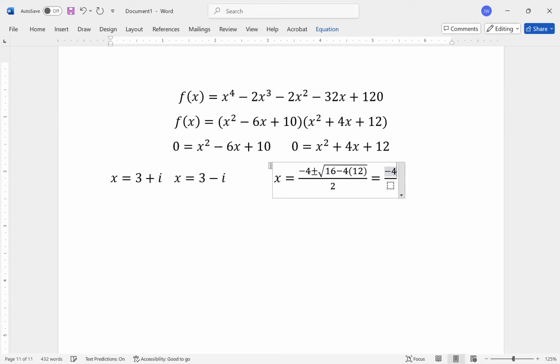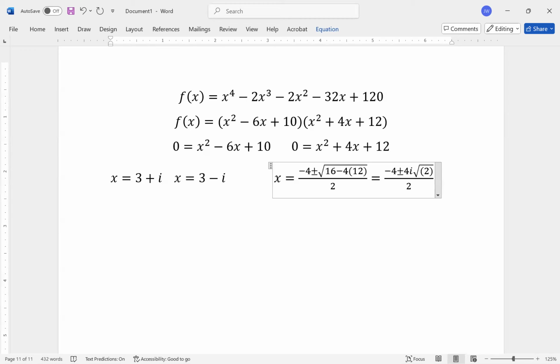So I end up with negative 4 plus or minus the square root of negative 32 all over 2a. Now the negative there can become an i when I take it out front. 32 is like 2 times 16. Square root of 16 is 4. So I can take 4i times the square root of 2 divided by 2. Those are my two answers.